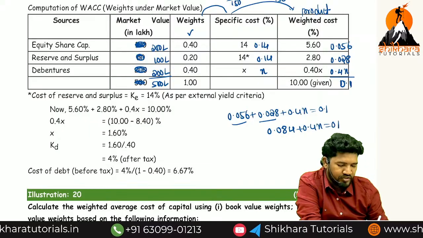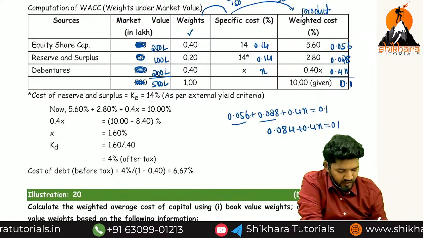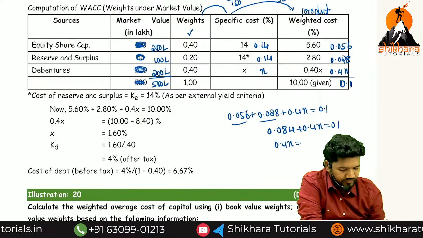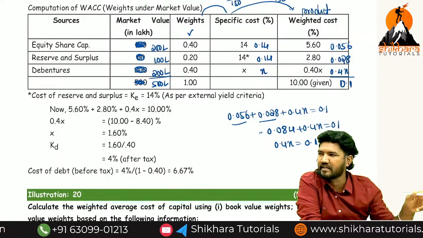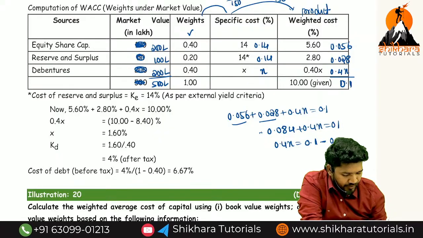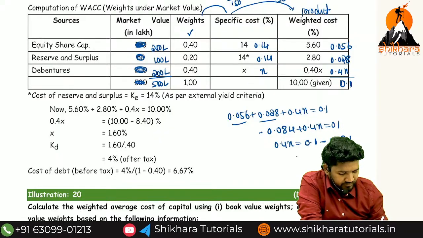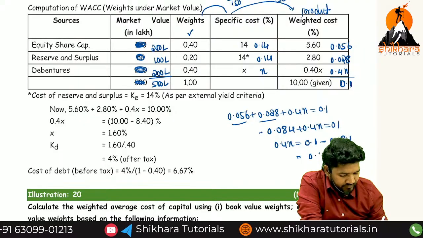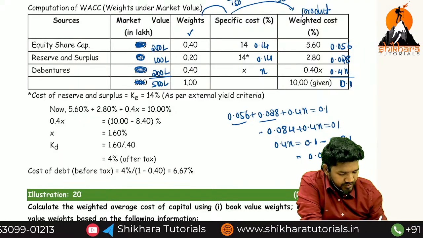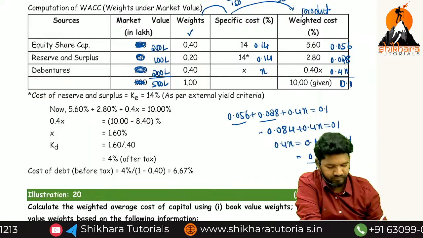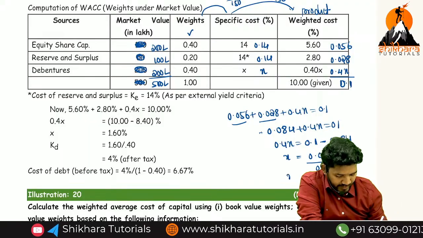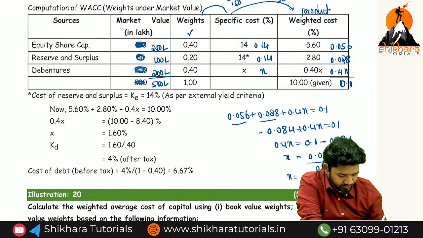Send this 0.084 to that side. Now 0.4x equals 0.1 minus 0.084, the plus acting as a minus, na? 0.016 divided by 0.4. If you send this 0.4 to that side, x equals 4%.